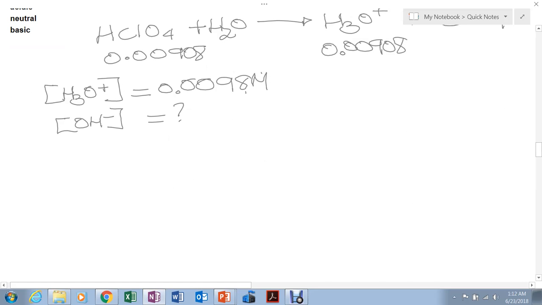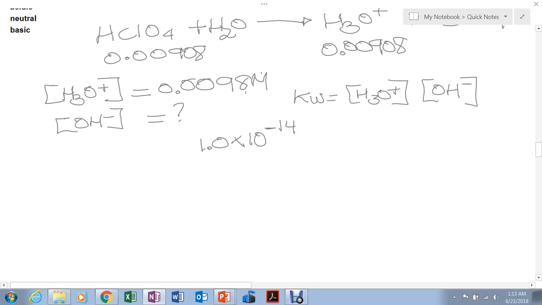So let's start with the Kw. You know that Kw is equal to the concentration of H3O plus multiplied by the concentration of hydroxide. So 1.0 by 10 to the negative 14, that's the Kw, equals the concentration of hydronium multiplied by the concentration of OH negative, and we're doing this because we need to find out the pOH.